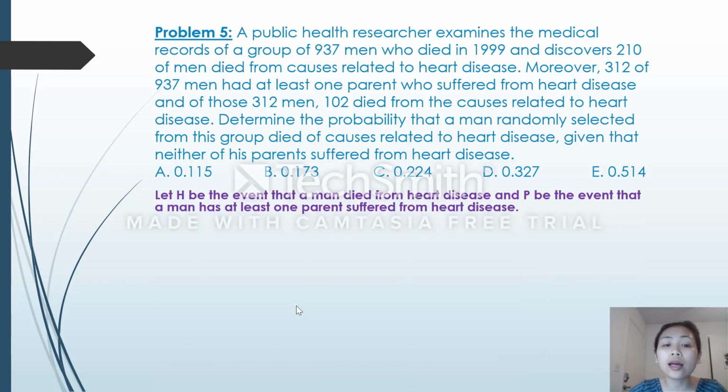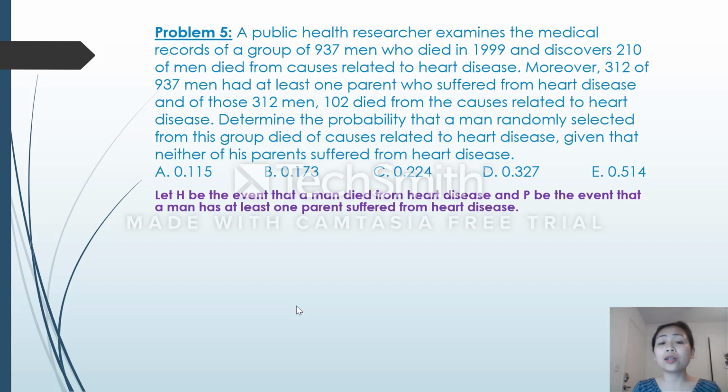Let X be the event that a man died from heart disease. So X prime is the event that a man died from different causes, not heart disease. Let P be the event that a man has at least one parent who suffered from heart disease. So P prime is the event that a man does not have any parents who suffered from heart disease.